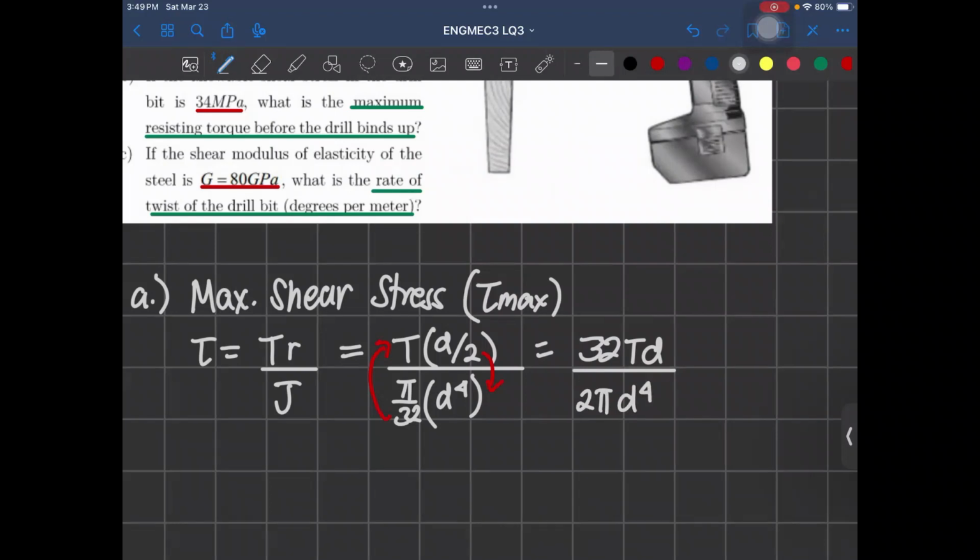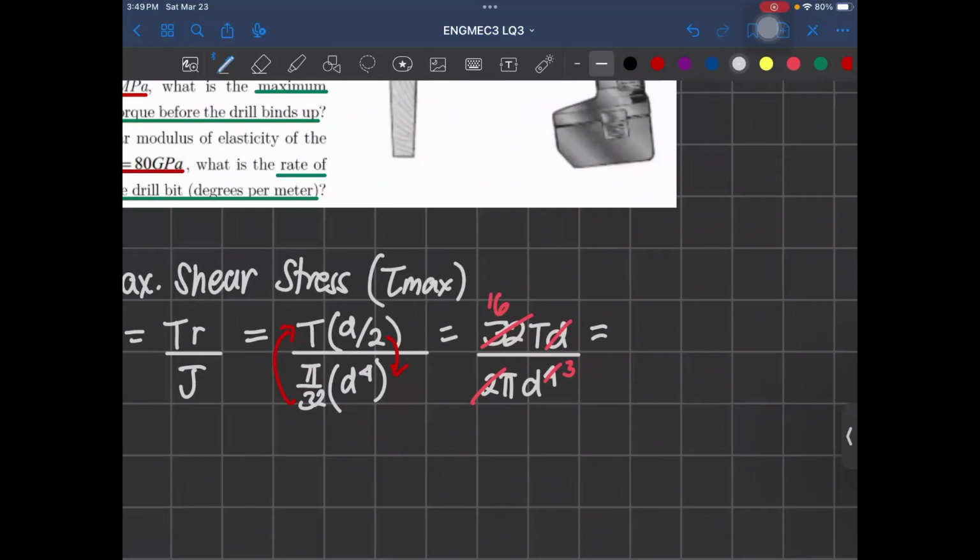Now we can simplify: the denominator would be 1 and the numerator would be 16. Then let's also simplify the D, so in the numerator there would be no D value and in the denominator it would be D cubed. This results in 16T over pi D cubed.